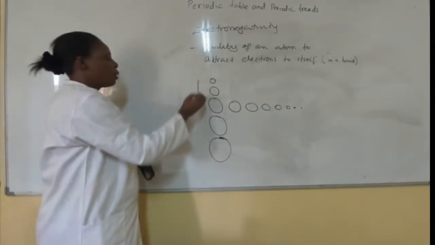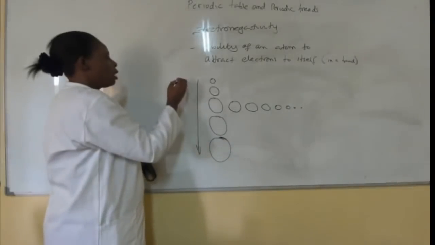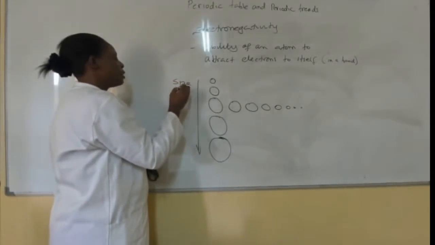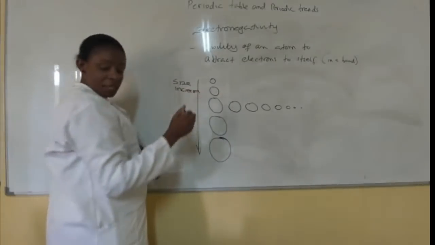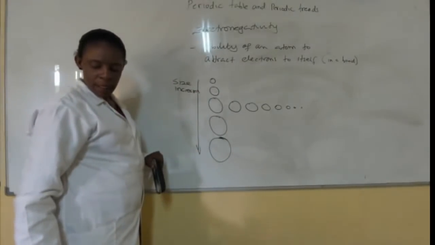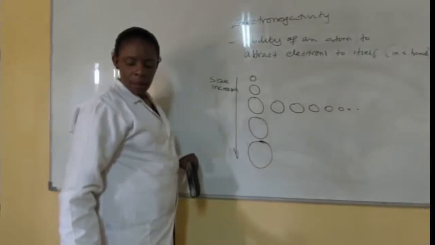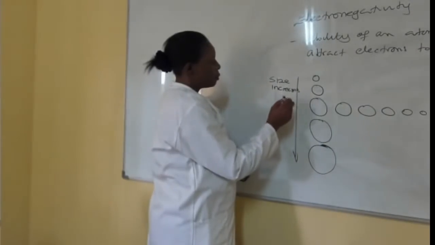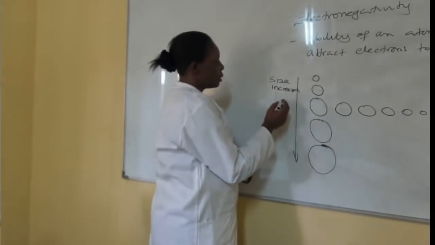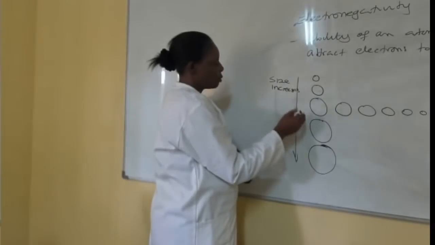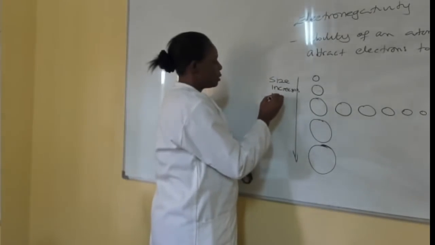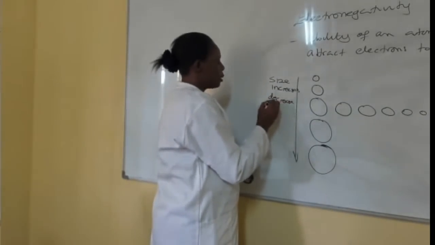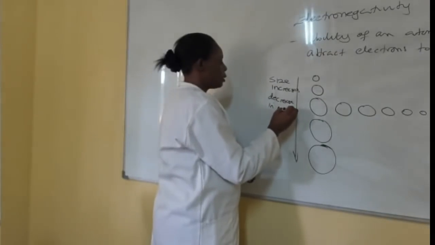So top to bottom, size increases, and there is also a decrease in nuclear charge.